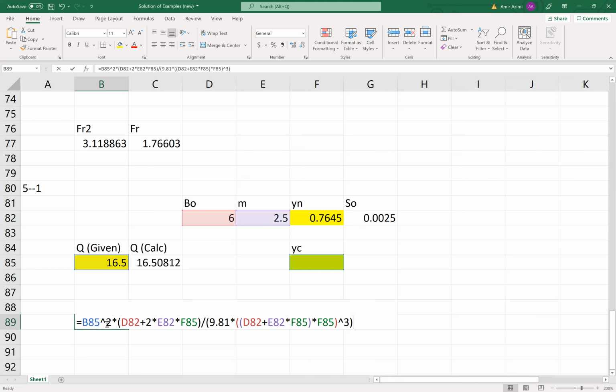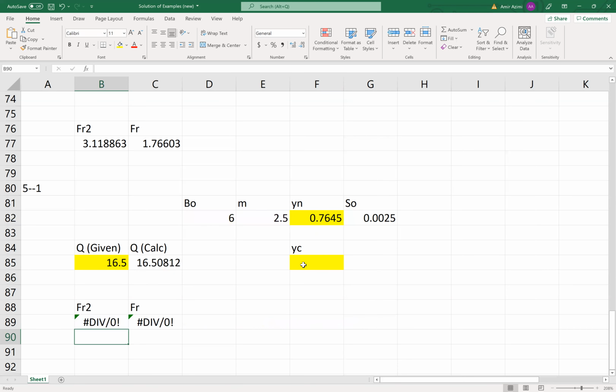And then I will do the same thing for the Froude number. This is the equation for Froude squared, Q squared B divided by g A to the power of 3. I start with 1. This is Froude squared, and the next cell is the square root of the previous cell. So a depth of 1 gives me a Froude number of 0.7.